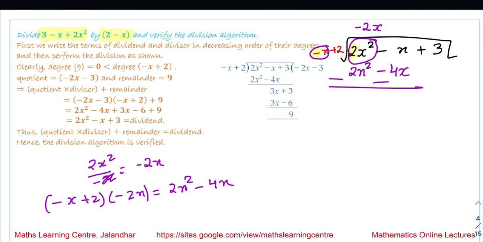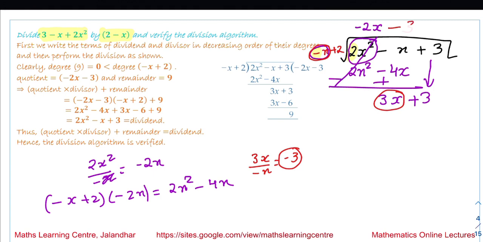If we subtract these terms, we get 3x. The 3 will come over here, and the plus sign is already there. In the next step, we have 3x over minus x, which is equal to minus 3.